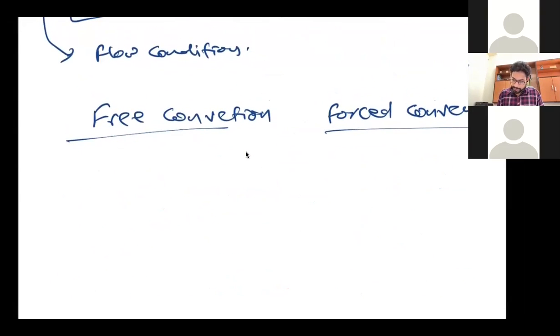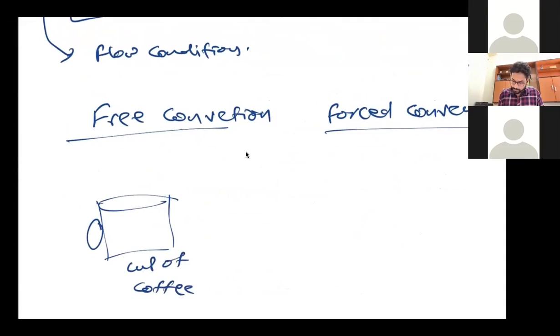So we can take another example. Let's say you have a cup of coffee, which is hot. So what it will do, it will transfer heat to the air, right? Or that steam will have buoyancy, and it will go up.